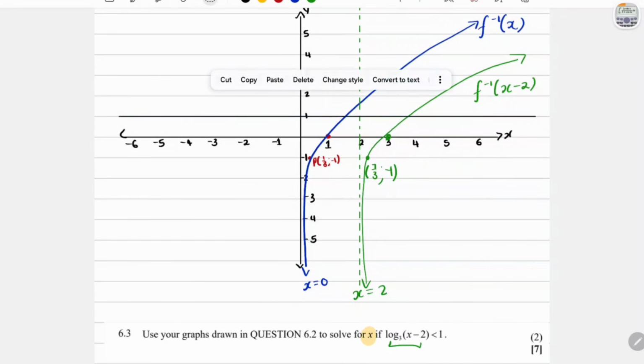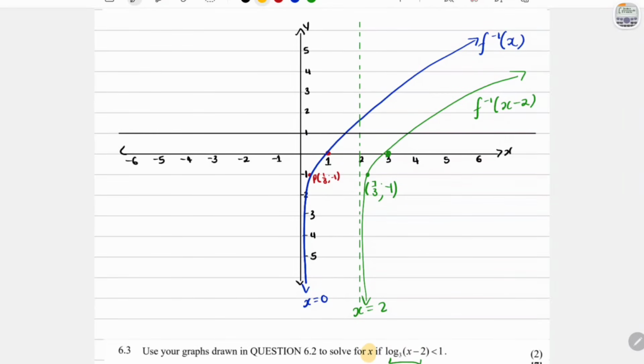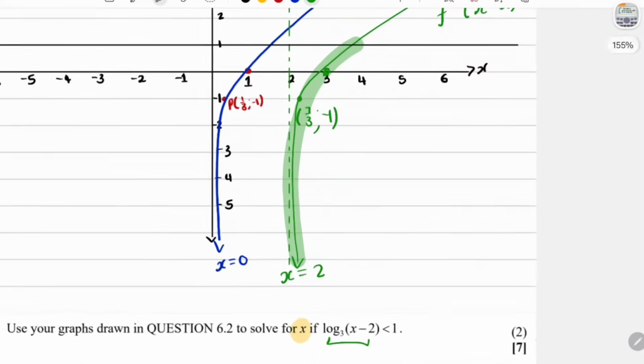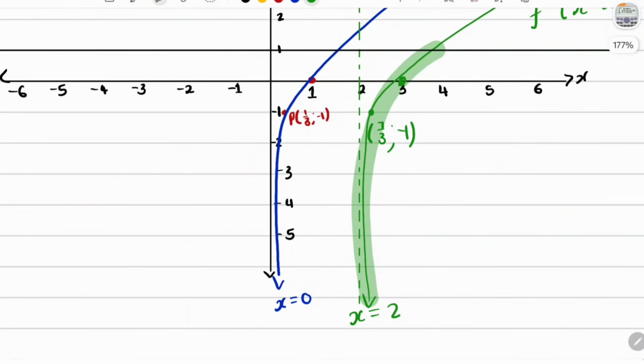And as you can see, we can actually see it here. All the places on this graph that have a y value lower than 1 are all through here, like that, okay? Because there's 1, and then everything below it is less than 1. But now we need to be able to express that in terms of x.